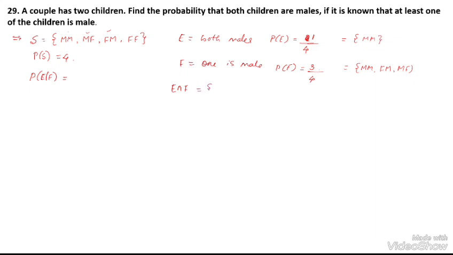Probability of E intersection F is 1 out of 4.